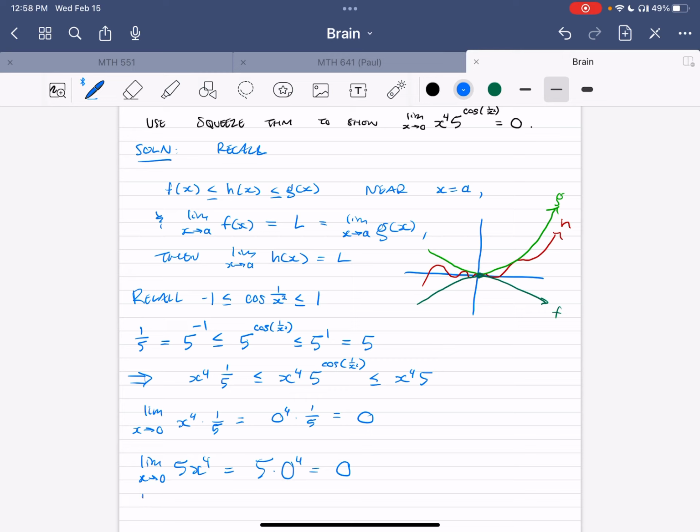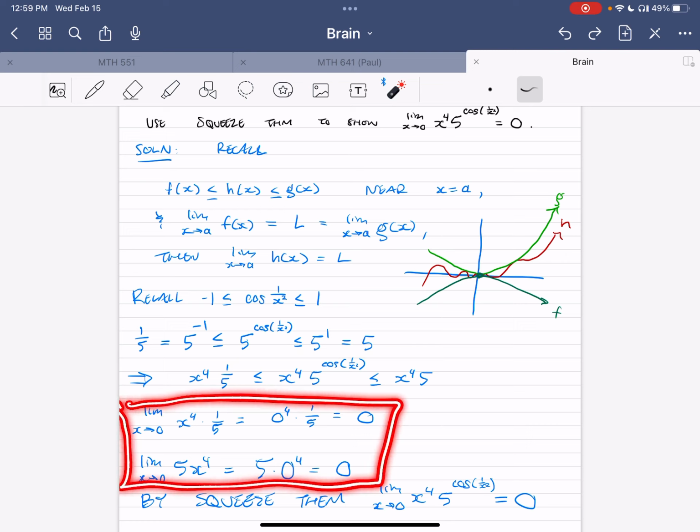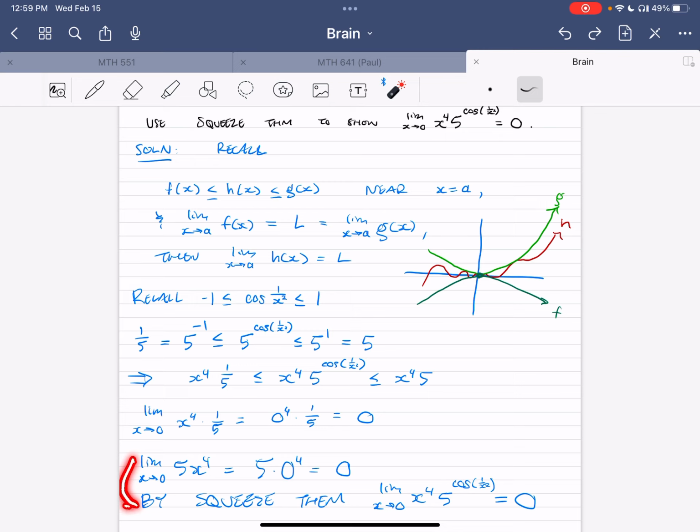So now, by the squeeze theorem, the limit as x approaches 0 of x to the fourth times 5 to the cosine of 1 over x squared equals 0. So what you need for this question is this inequality here and these two limits. They're equal to each other, so we get the squeeze theorem.